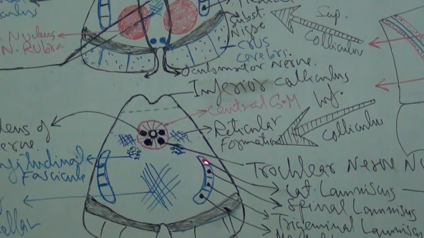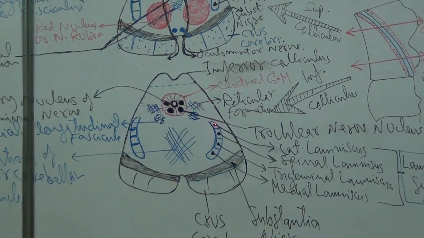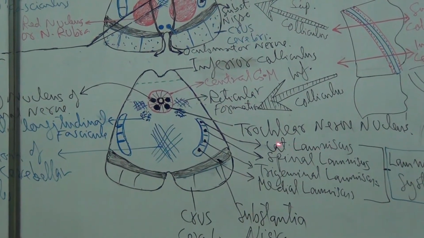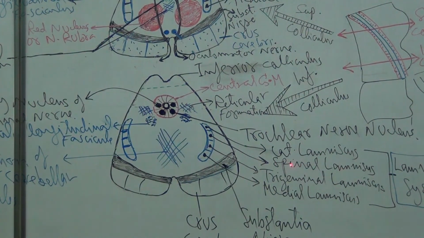We have already discussed in detail their function. So just to revise, the lateral lemniscus is part of the auditory pathway. Hearing information is conducted through it. Then there is the spinal lemniscus.